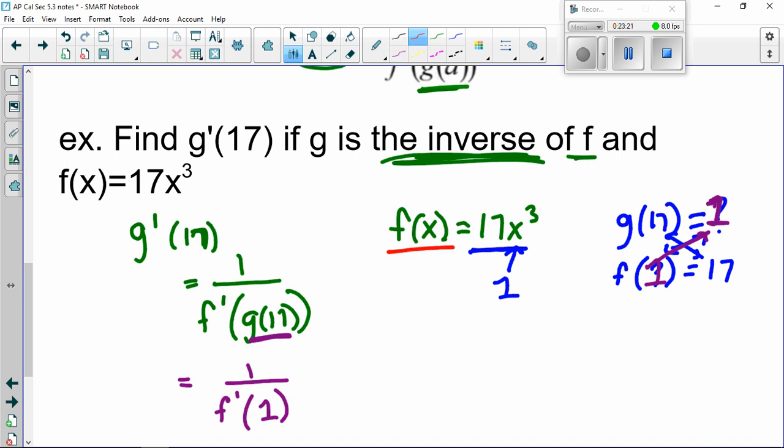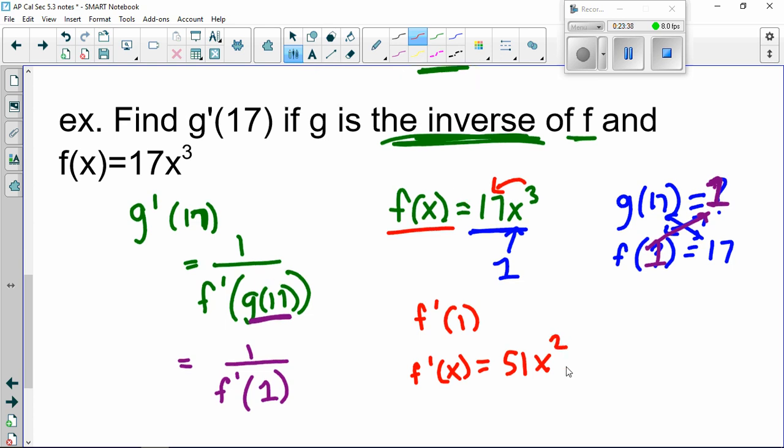Well, we have f, and we can find the derivative. F prime of 1 means we need to take our derivative, so f prime of x is 17 times 3, which is 51. Then we have x, subtract 1 from the exponent, squared.